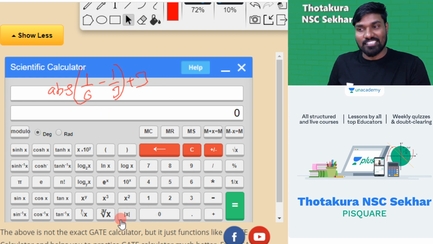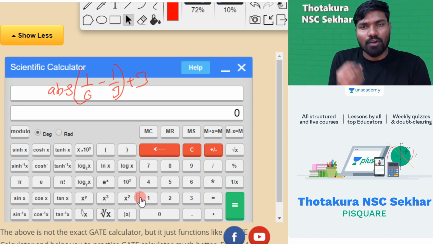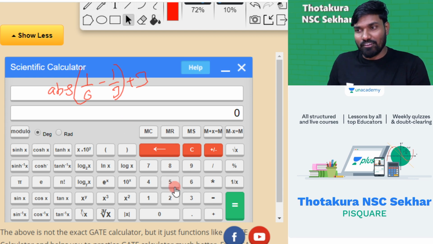Let's check this one. Suppose I enter minus 5. How do I enter minus 5? Let me enter 5 first. 5 is done. Then go for this unary operator. If I hit this, the polarity will change. Here we have plus 5, it will change to minus 5.